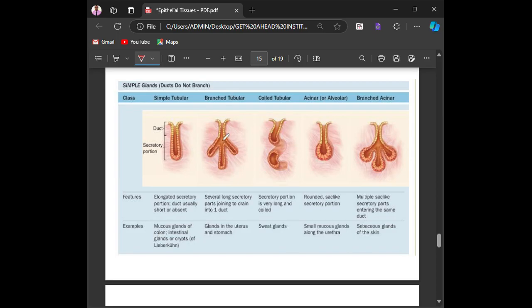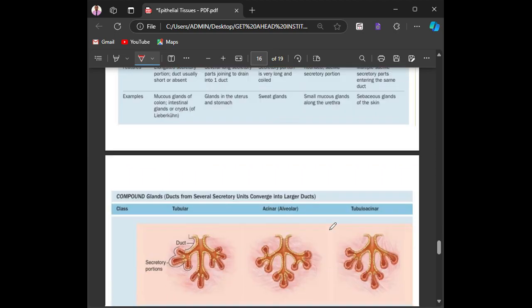Branched tubular examples include glands in the uterus and the stomach. On the coiled, we have the sweat glands. On the acini, you have small mucus glands along the urethra. Then branched acini, you have examples such as the sebaceous glands of the skin.